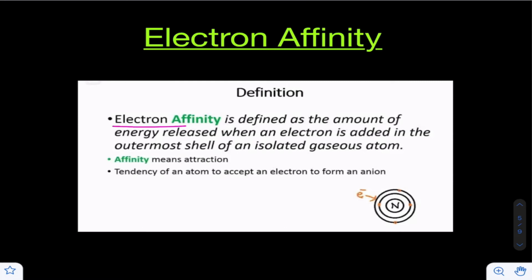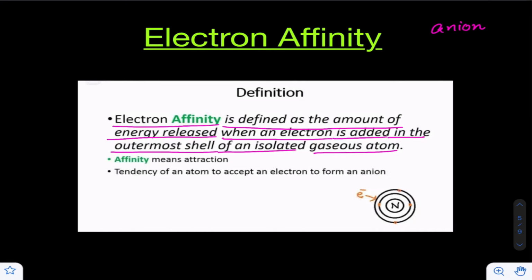Electron affinity is defined as the amount of energy released when an electron is added or gained in the outermost shell of an isolated gaseous atom. So it means here the atom is going to form an ion because it's going to gain an electron.